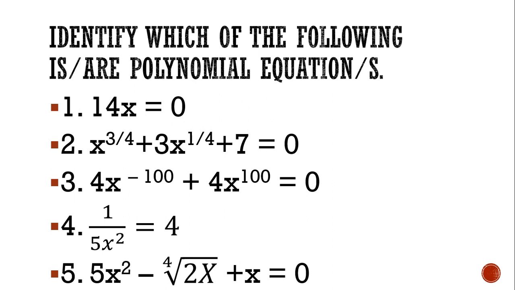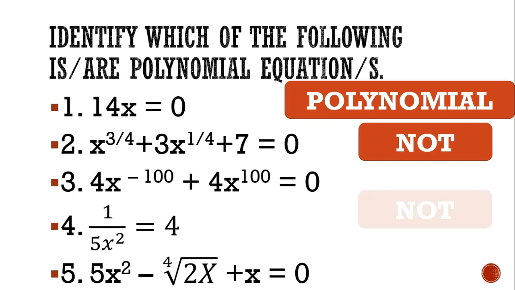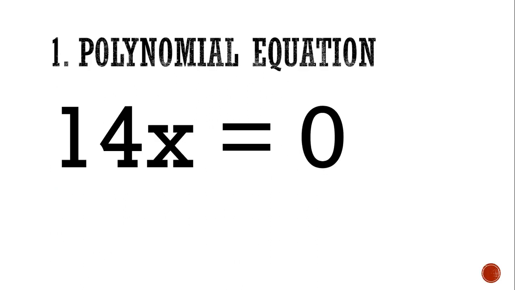In the set of items, the only polynomial equation is equation number 1, while the rest of the equations are not polynomial equations. Let's find out why. In equation number 1, 14x is equal to 0, the variable x has an exponent of 1.